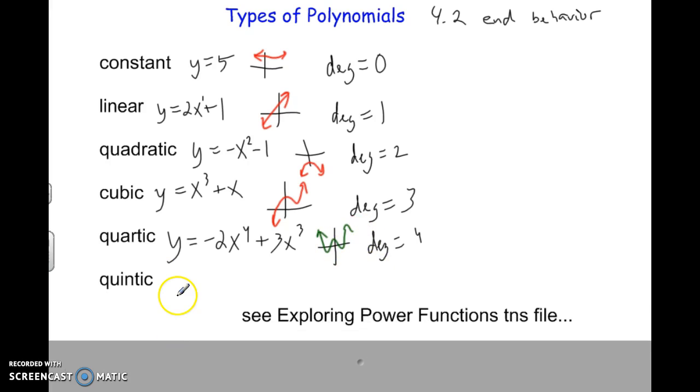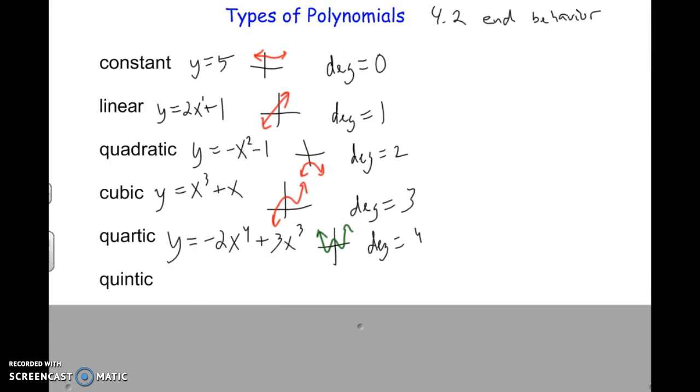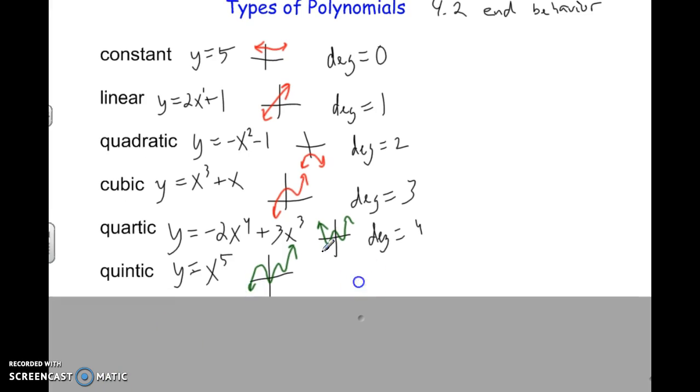Quintic is our last one that I want you to see. So that might be like y equals x to the fifth. The graph of a quintic could look kind of like this. So the degree of this function is 5. You may notice that sometimes I count the number of turns.